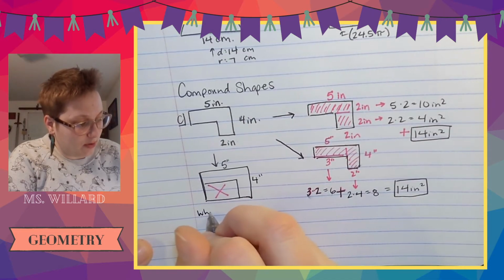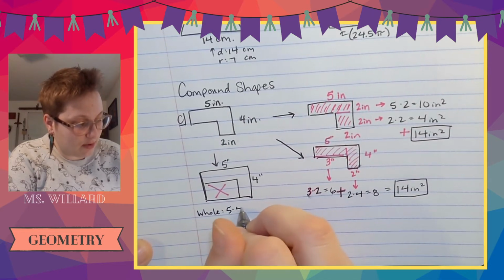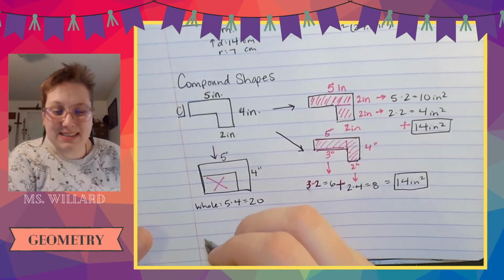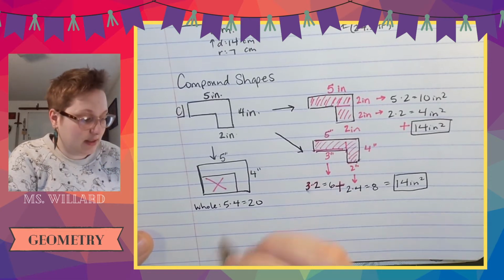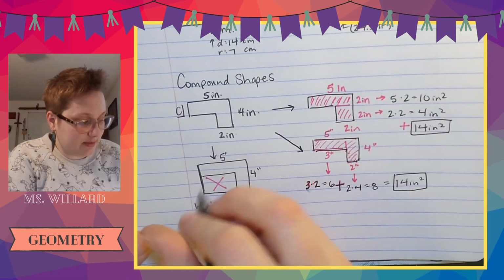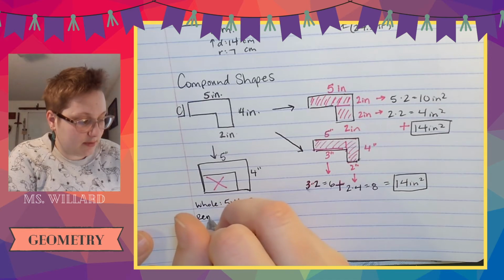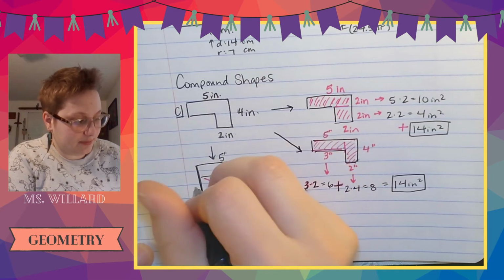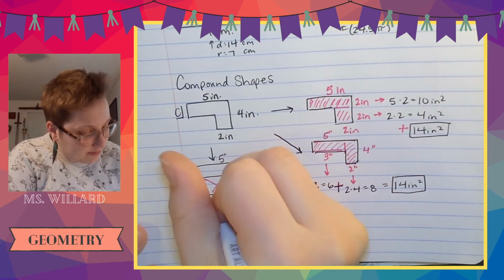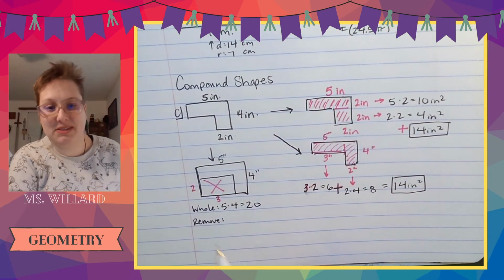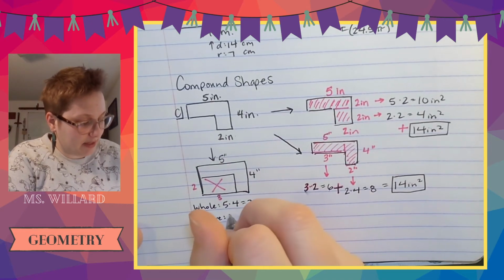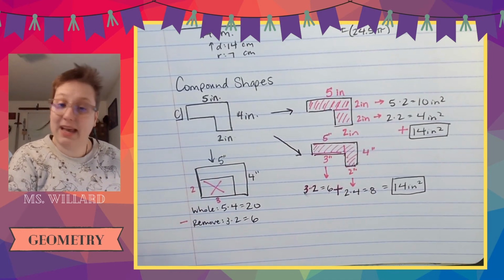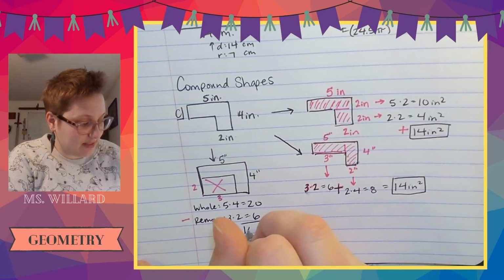So the whole is 5 times 4, which is 20. And then the part we are going to be taking out, the removed part, was I think a 3 by 2. Doesn't look like a 3 by 2, but it is. So we're going to remove 3 by 2, which is 6. So I can subtract these two, and lo and behold, I get 14 square inches.